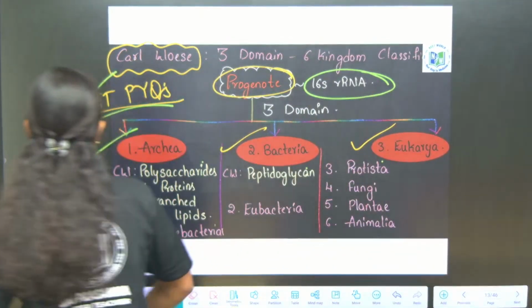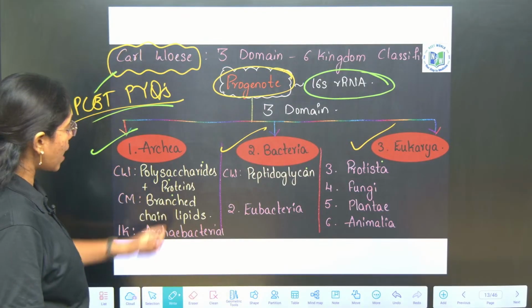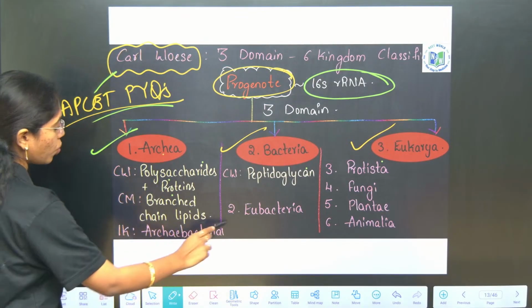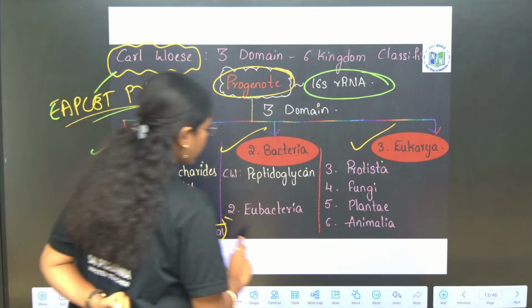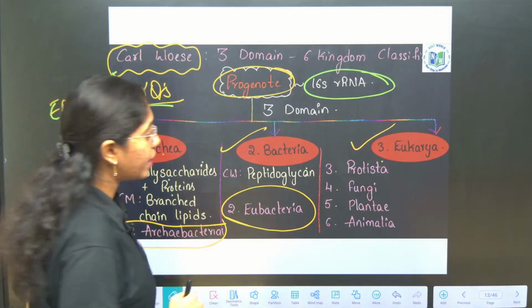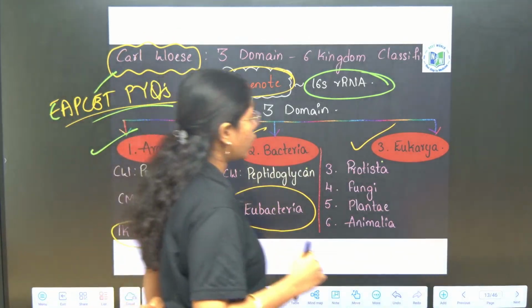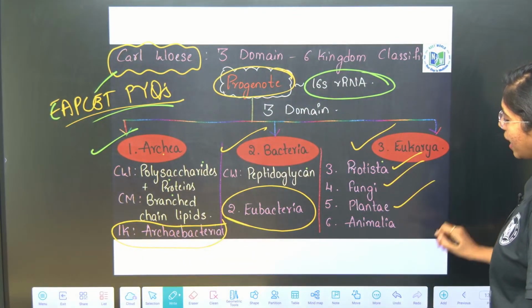Here you see archaea. The cell wall is composed of polysaccharides and proteins. Archaea includes just one kingdom, Archaebacteria, and bacteria includes Eubacteria. The remaining 4 kingdoms are placed under the domain Eukarya: Protista, Fungi, Plantae and Animalia.